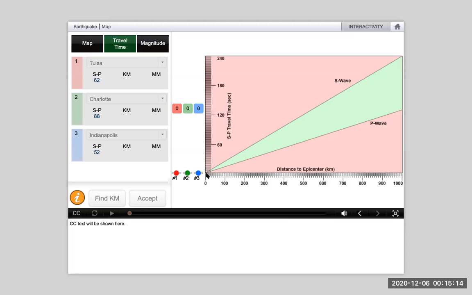Over here, I have these 3 dots, which are color-coded to represent the cities on the left. So the red one is for Tulsa. My SP interval, also known as the lag time, is 62. So I'm going to drag this up to 62. Charlotte, 88. Go up to 88. And Indianapolis, 52.